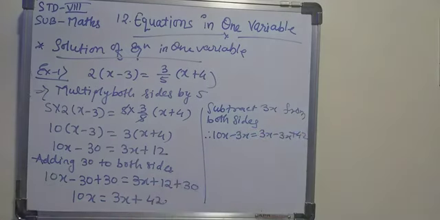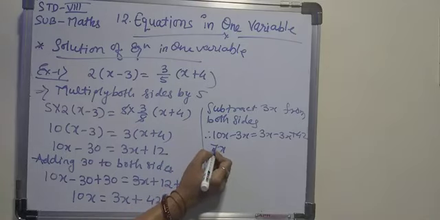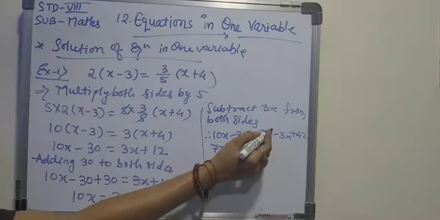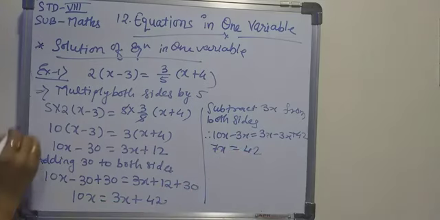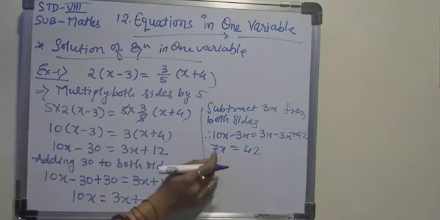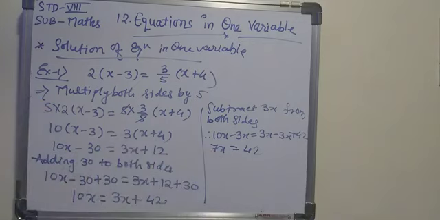So you will get 10x minus 3x is equal to 7x. Plus minus minus cancel, you will get 42. Now I want the value of x, so I am going to divide both sides by 7.